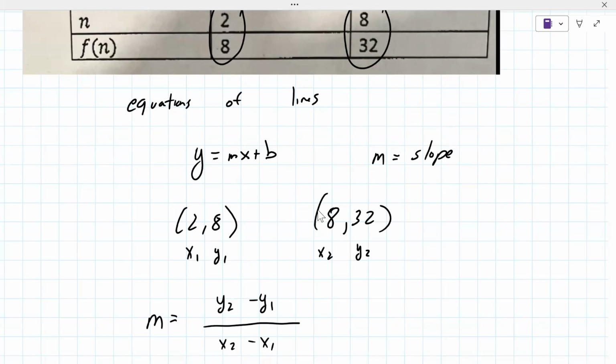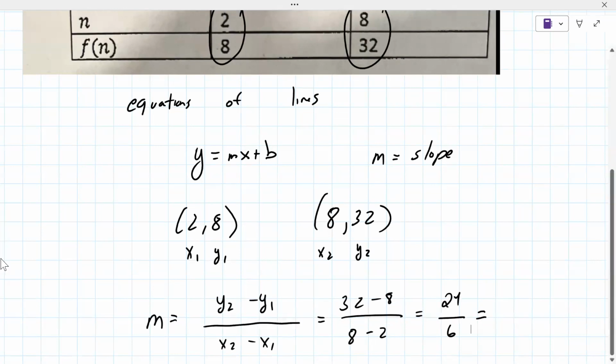Okay, would it be 24/6? And then it would be 4/2.